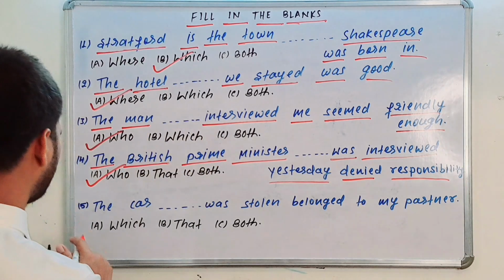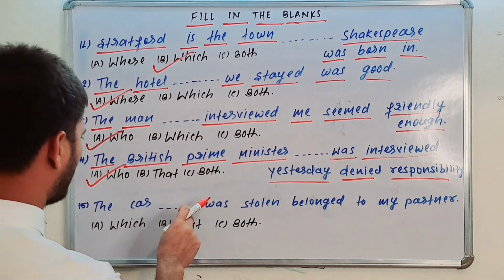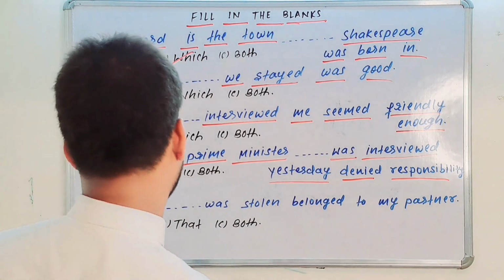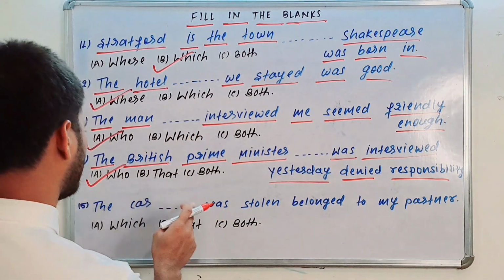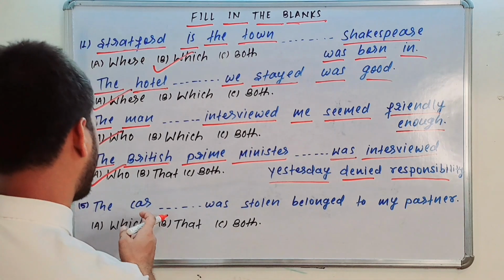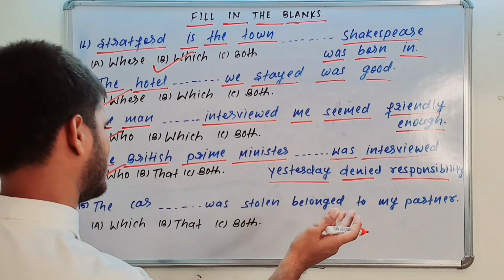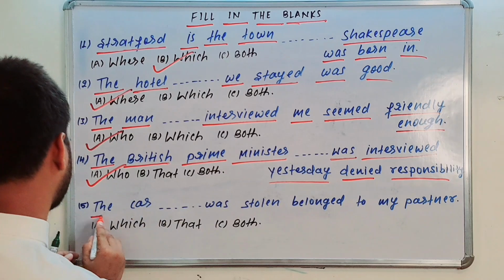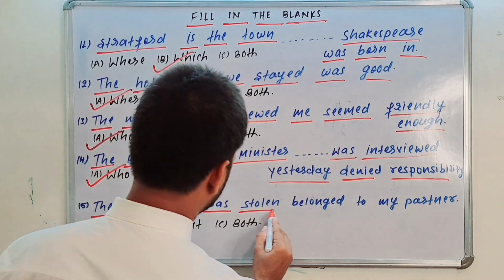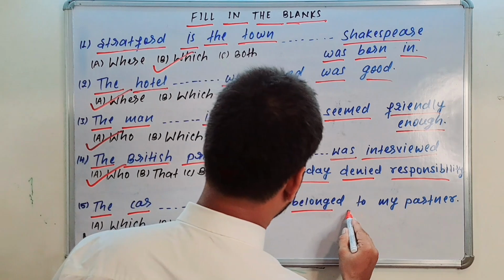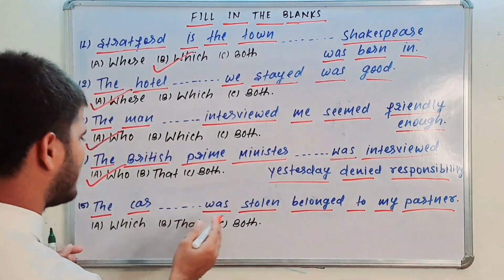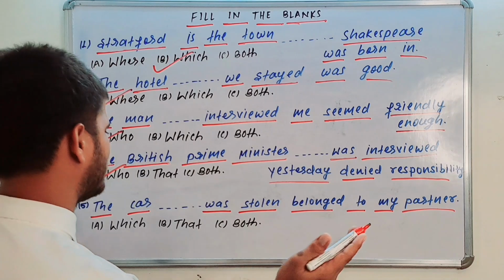Now let's see the fifth one: the car that was stolen belonged to my partner.